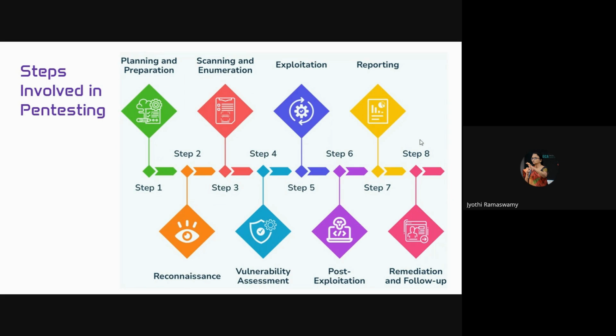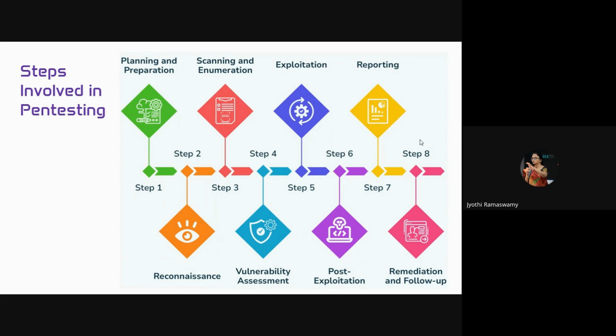In the reporting, they will say, in this IP address or in this domain, this particular asset or device had this vulnerability. It could be exploited, and the result of exploitation is this high, right? So the report will give everything. That is the step of reporting that we have to do.